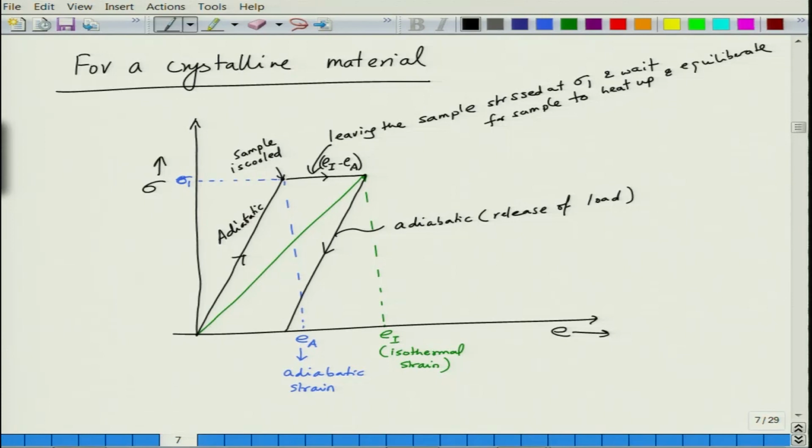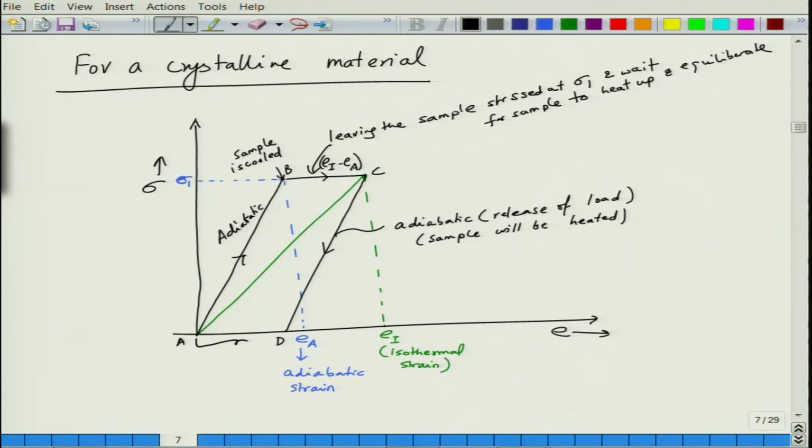So, under this situation, when you come from A to, let us say this is A, B, C and D. When you go from A to B, the sample is cooled, on B to C it is equilibrated, and then again C to D, what is going to happen is the sample is going to be heated, right.